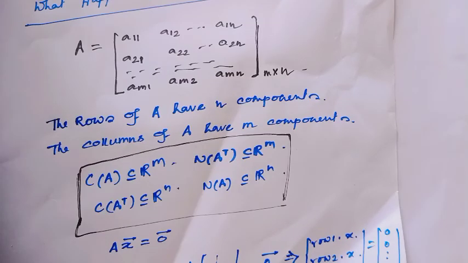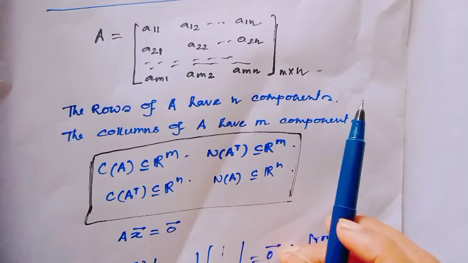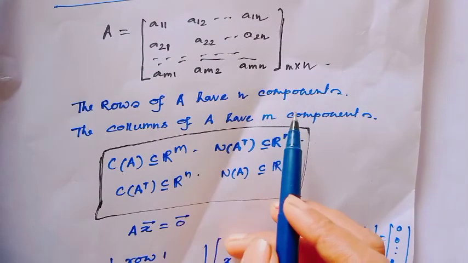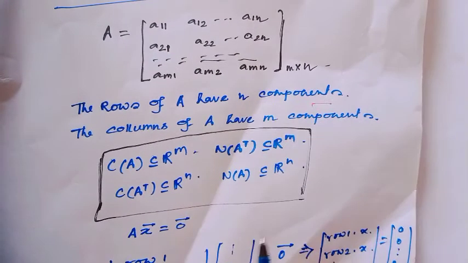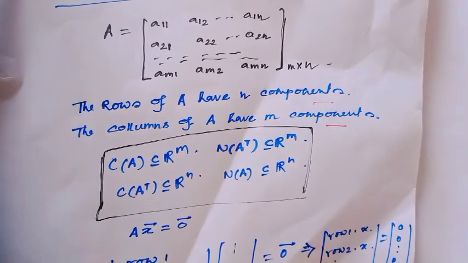Now I will discuss why the orthogonal complement of the null space of A is the column space of A transpose. For this, consider an m by n matrix. Then obviously the rows of A have n components and the columns of A have m components.